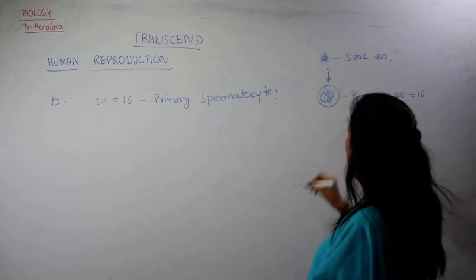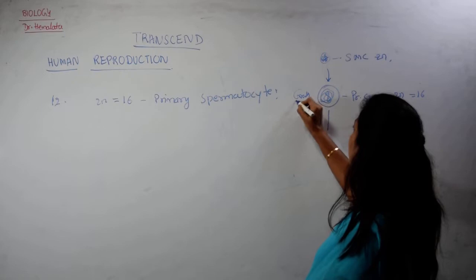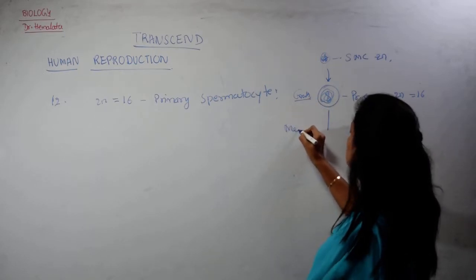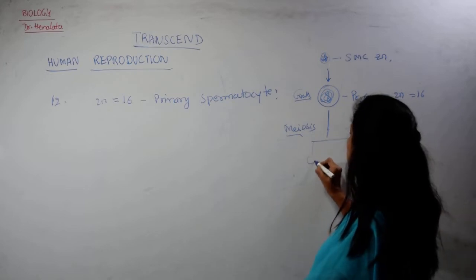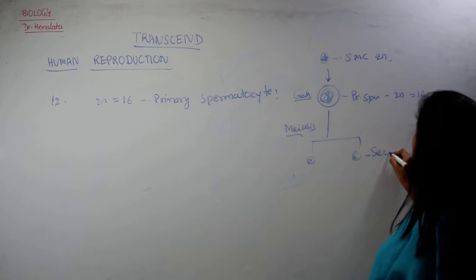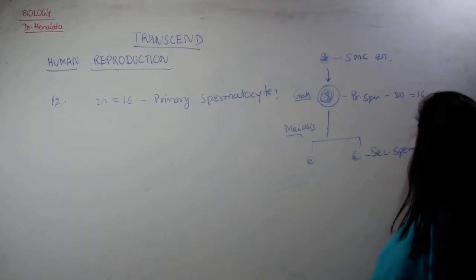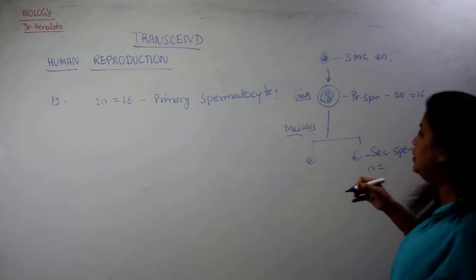Now it enters meiosis, after the growth phase. On the first meiosis we get two haploid cells, called the secondary spermatocytes, where n is equal to half of this, that is 8.